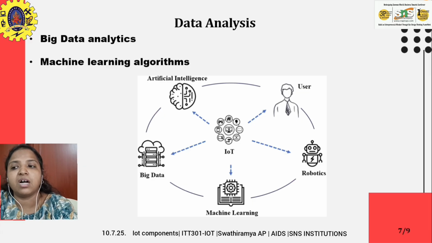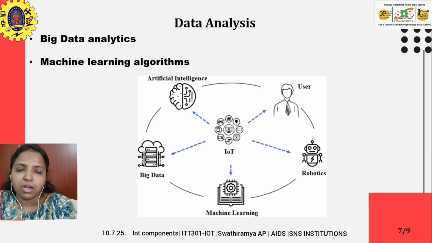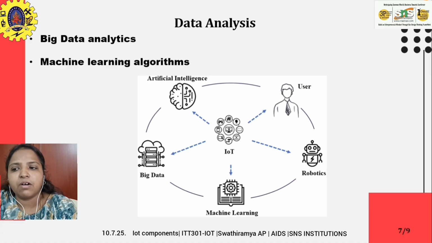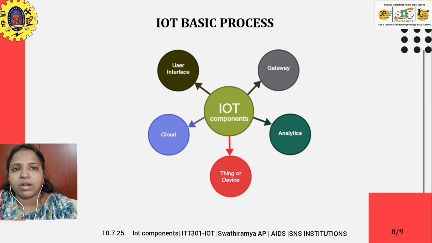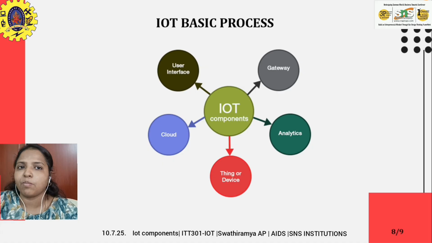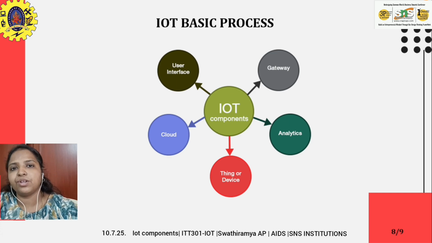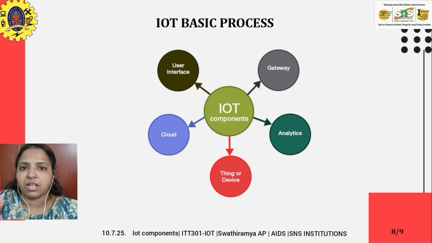IoT generates a large volume of data which is analyzed to derive output and to make decisions. So we use big data analytics here, and we can use machine learning or deep learning algorithms for prediction and decision making, to make things automated. So, you collected the data, transferred it with the help of the network component, put it in the cloud, processed it with cloud computing components, and you make predictions and take decisions with the help of the data analytics component.